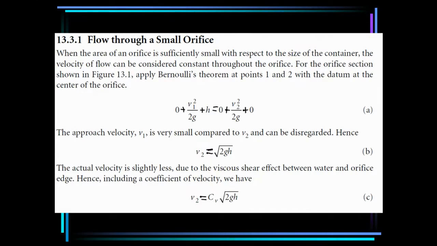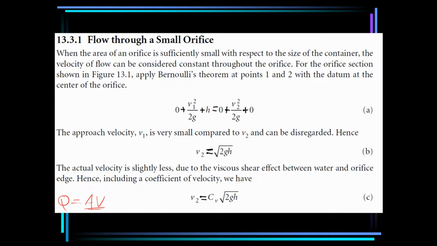Now, flow through a small orifice. We will derive the formula for flow through a small orifice, and more often than not we'll be deriving the velocity of flow, because from the velocity we can easily get the discharge. Using the continuity equation, the velocity multiplied by the cross-sectional area of flow gives the discharge.